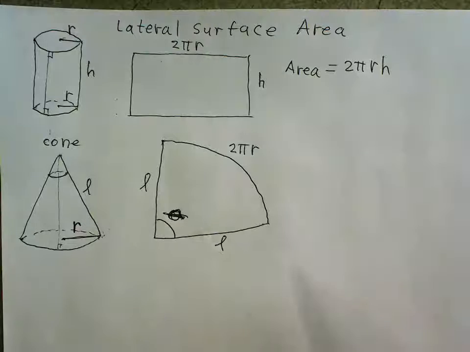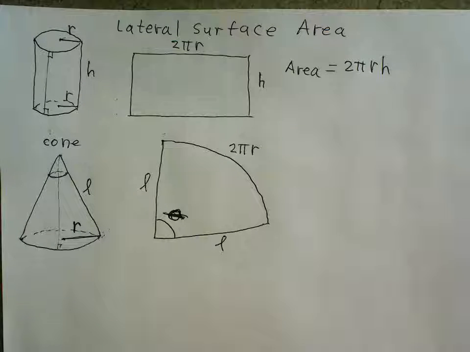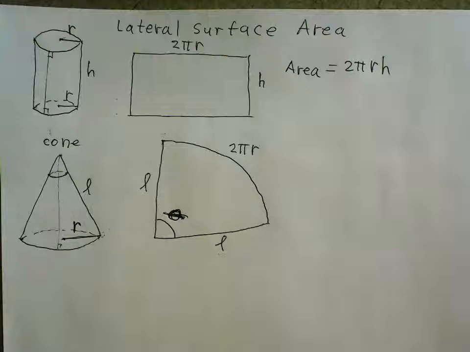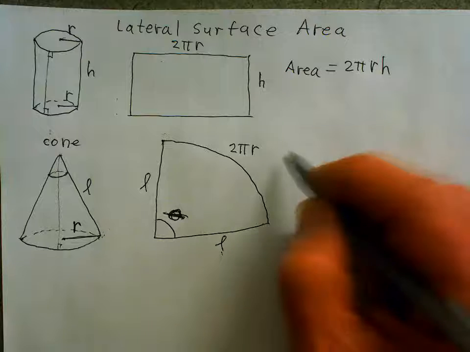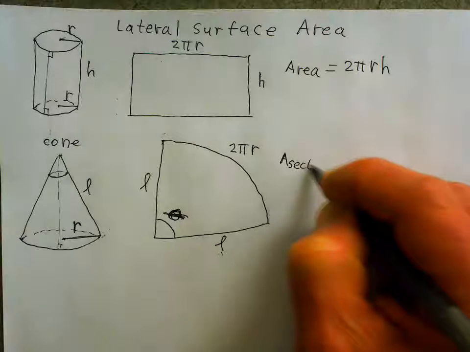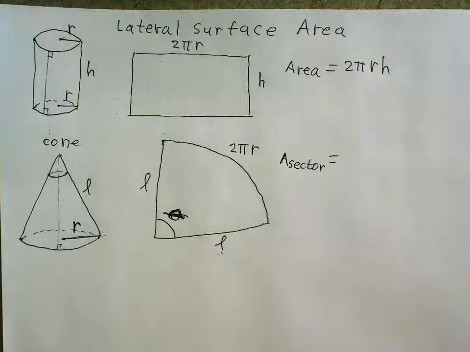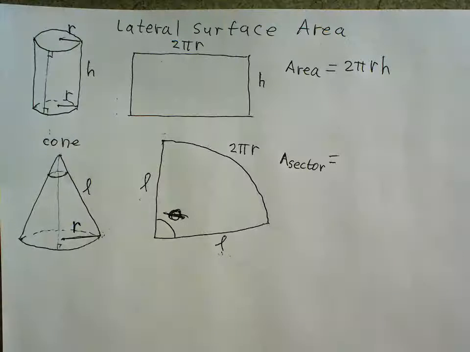Okay, we know how to find the area of this sector, which is the same as the lateral surface area of the cone. So this sector is just a fraction of a circle with radius L. So the area of this sector is a fraction of the area of a circle with radius L. Which fraction is it?